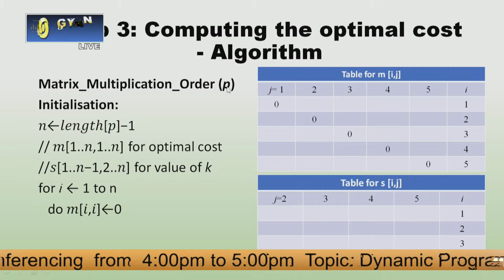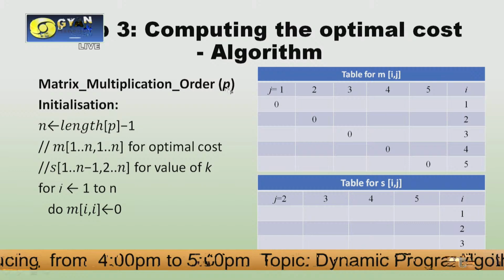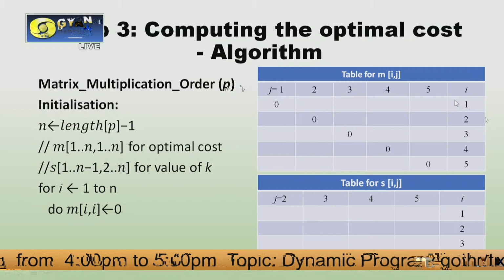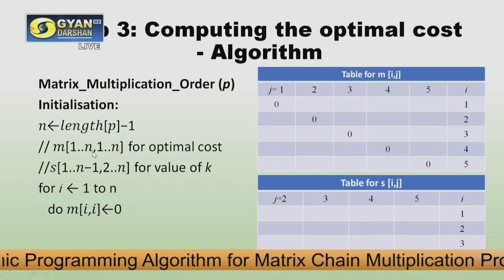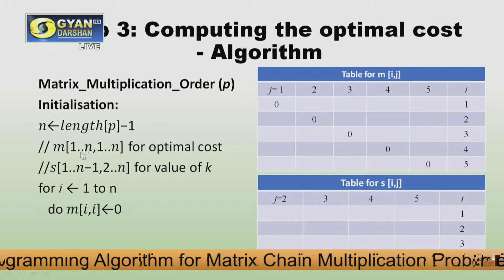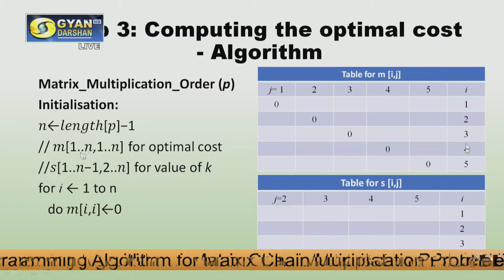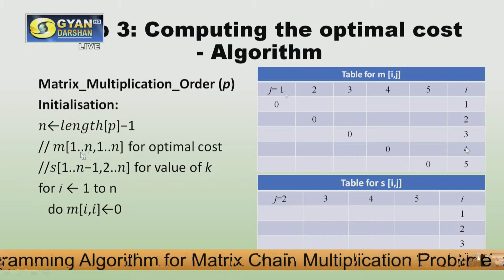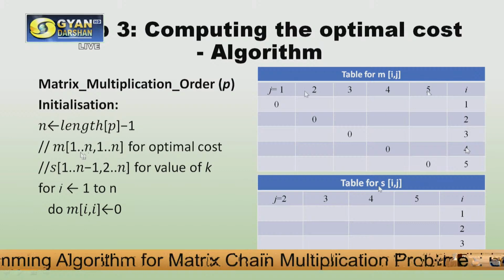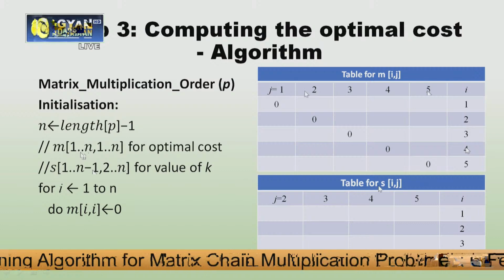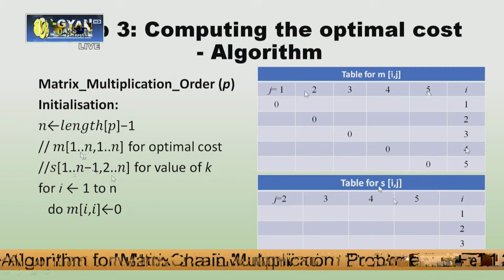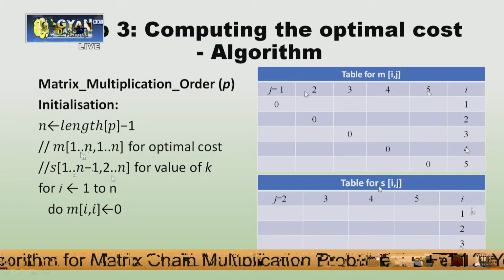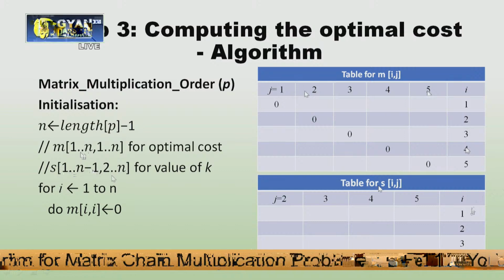So the value of P is going to be P0 to P5. The value of I in this particular case, as per this convention, N is 5, so I's values are from 1 to 5, and the J values are from 1 to 5. On the other hand, for the S array, I values are from 1 to N minus 1. That's why it is from 1 to 4, right?